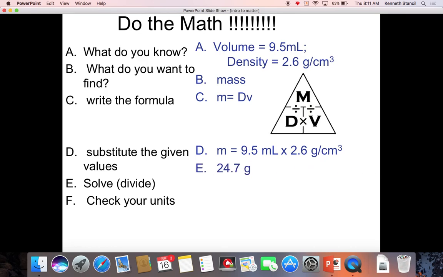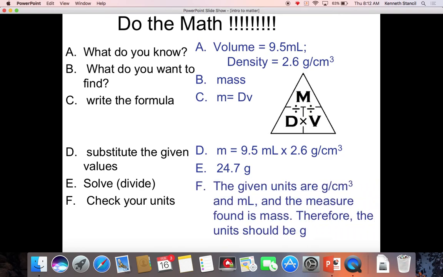So we do the math, we get 24.7 grams. That is our mass. Like we said, if we've got two of the three, we can always find the third. Again, this is not grams per centimeter cubed. Our unit here is simply what? Grams. Make sure you get it right from what you're doing.